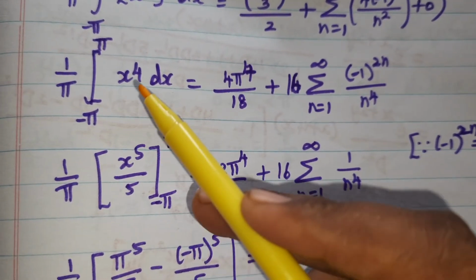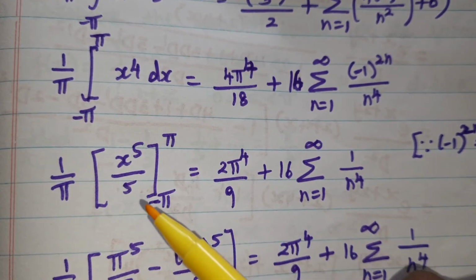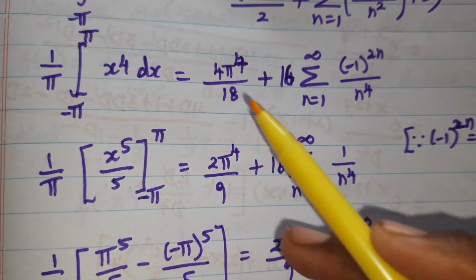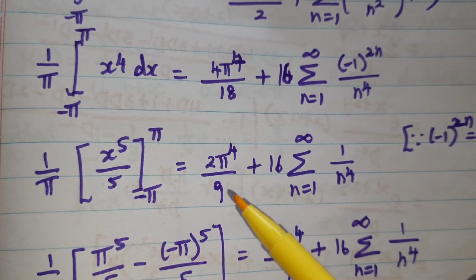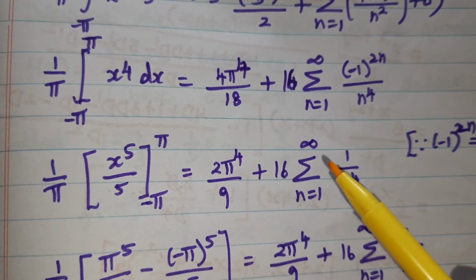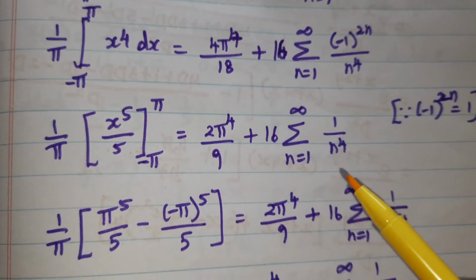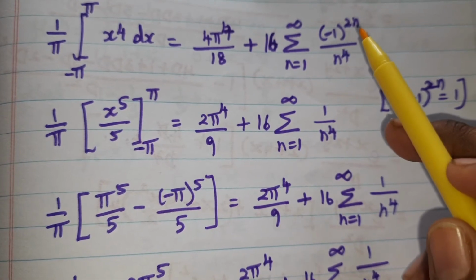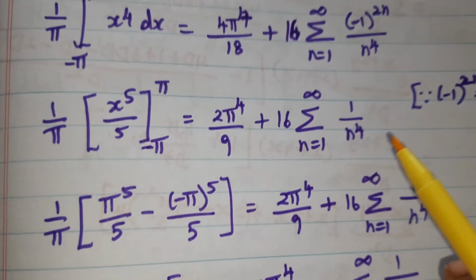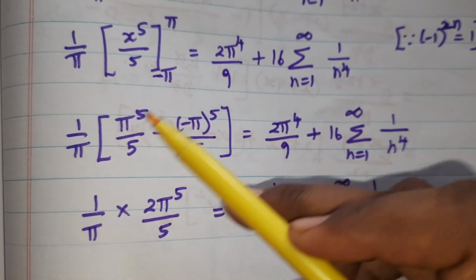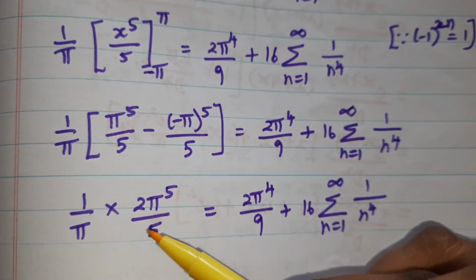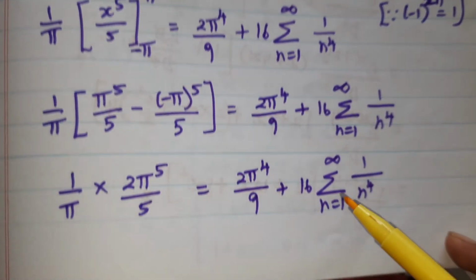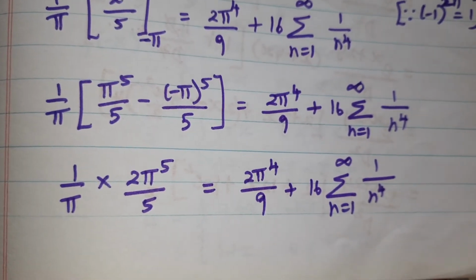When we integrate x power 4, it becomes x power 5 divided by 5 over the interval minus pi to pi, and here it becomes 2 pi power 4 divided by 9 plus 16 into summation of n equal to 1 to infinity 1 by n power 4, since minus 1 to the power 2n is 1. And 1 by pi into substituting pi and minus pi, it becomes 2 pi power 5 divided by 5. Here 16 into summation of n equal to 1 to infinity 1 by n power 4.